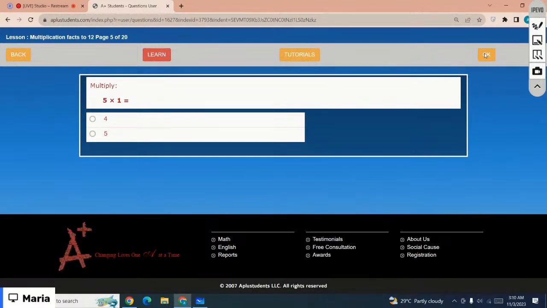Yes, the correct option is 5 times 1. Multiplying any number with 1, the answer is exactly the same number, right? If you do 5 times 1, the answer is 5. If you do 10 times 1, the answer is 10, right?